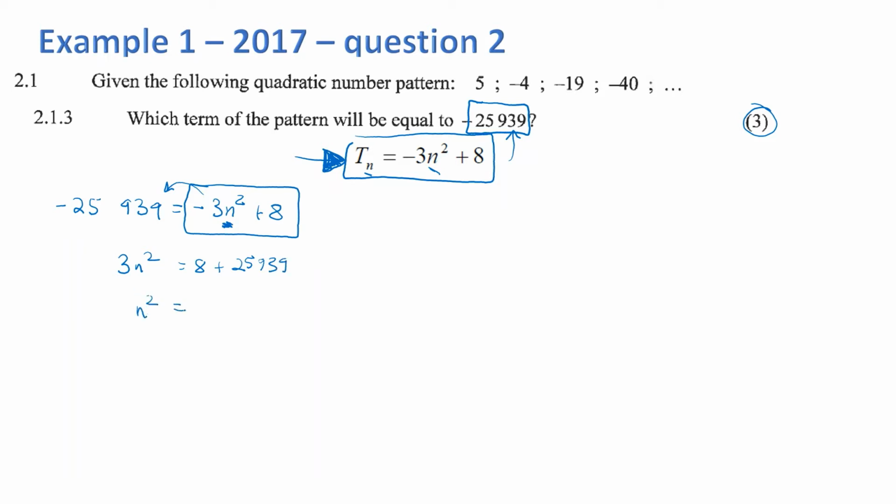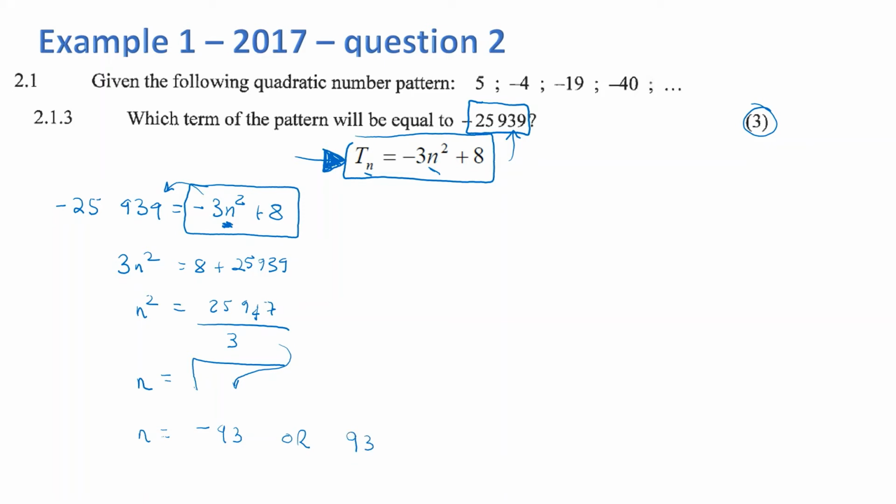I have n squared equals 25,947 divided by 3, and to get n, I take the square root of this guy over here, and I get n equals, well, minus 93 or plus 93.